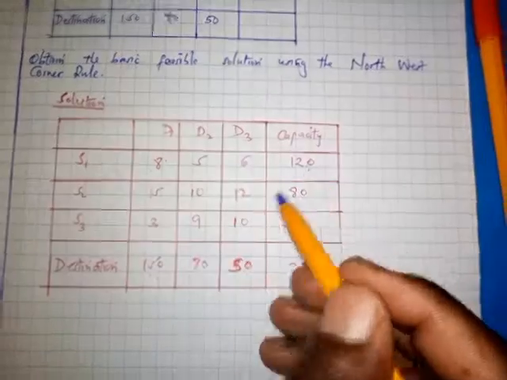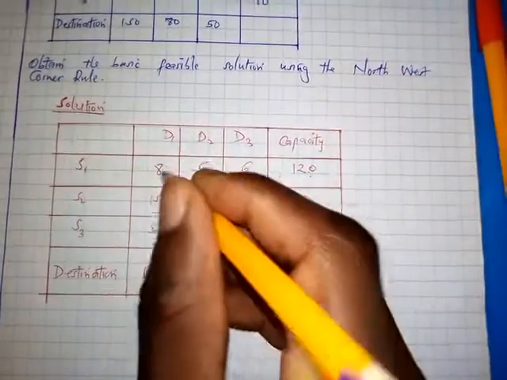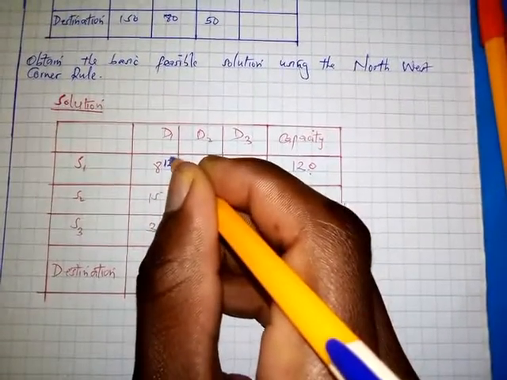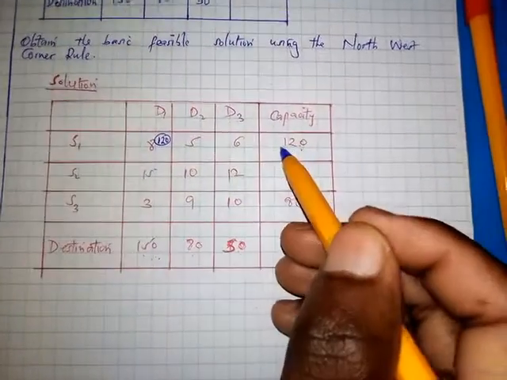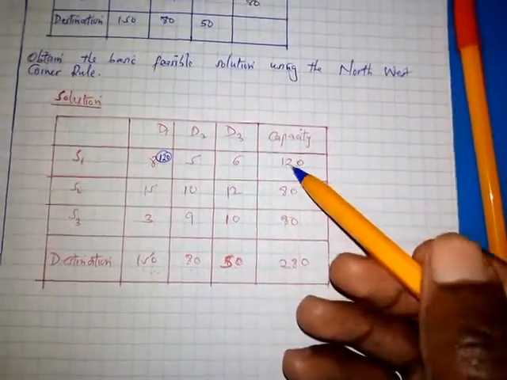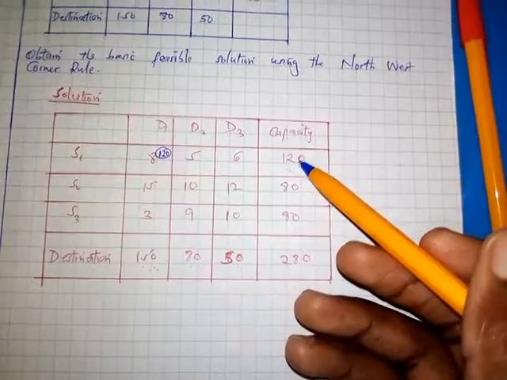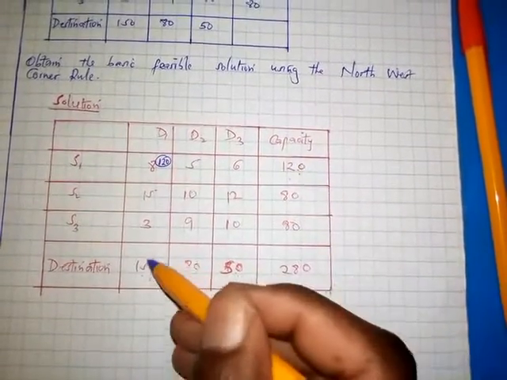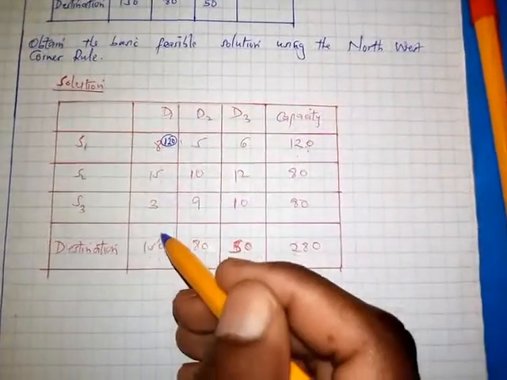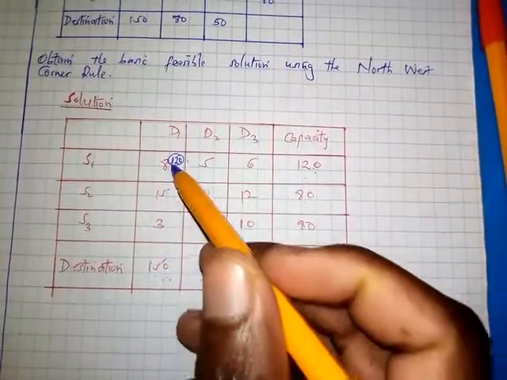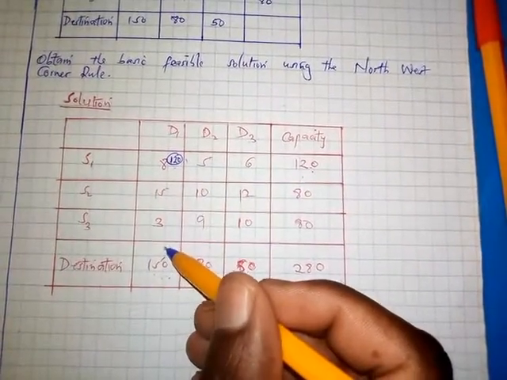This is the minimum, this is the maximum. So this row is exhausted, but here you have remained with 30, 150 minus 120.